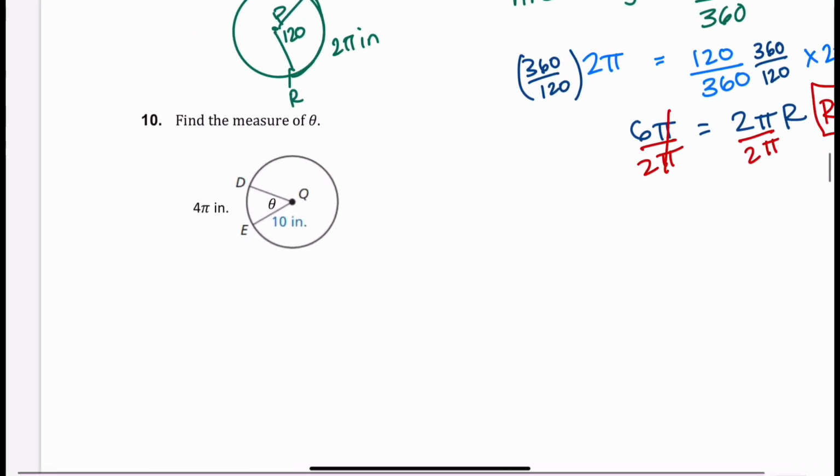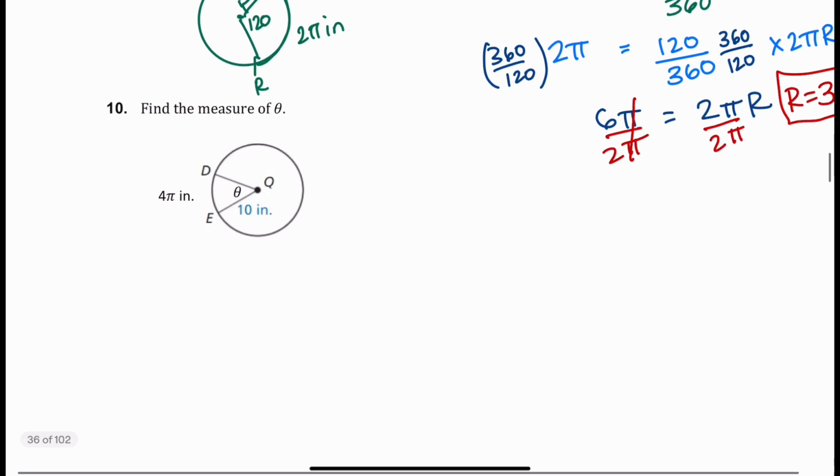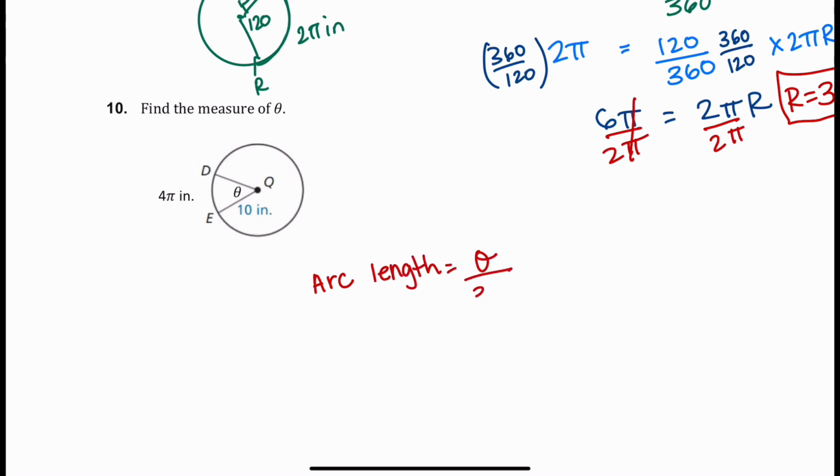Okay, last one. We're finding the angle. So we know our arc length equals our angle out of 360 times the circumference. So my arc length is 4 pi.